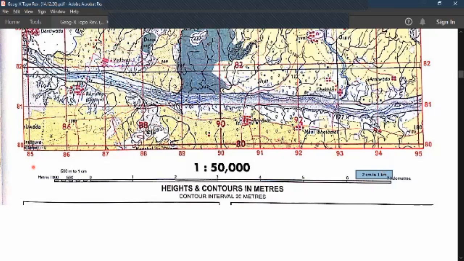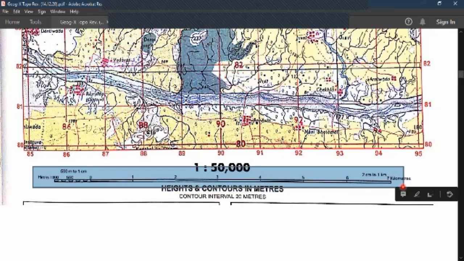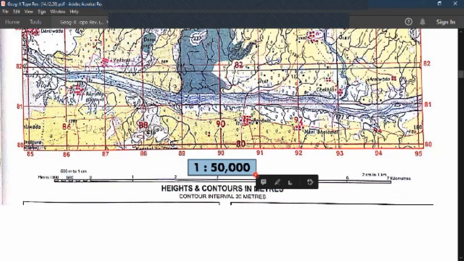The second type is the graphical scale. The third scale is the representative fraction, 1:50,000, which means 1 unit on the map represents 50,000 units on the ground.